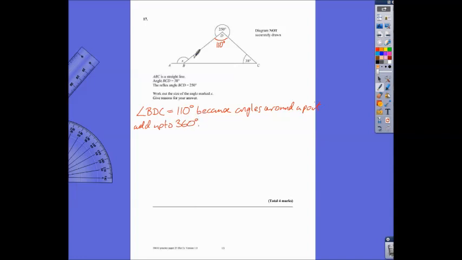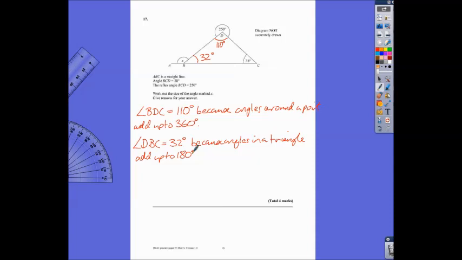The next thing we can work out is this angle here. Now we know angles in a triangle add up to 180, so if we take 110 and 38 off 180, we get left with 32 degrees. Again, you can use a calculator for that, but we need to write down what we're doing. So angle DBC equals 32 degrees because angles in a triangle add up to 180 degrees.